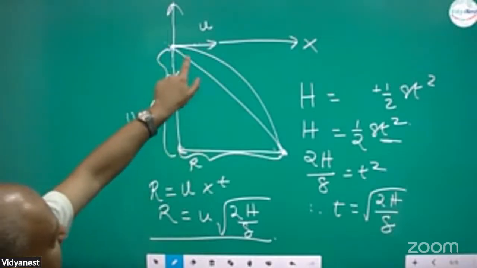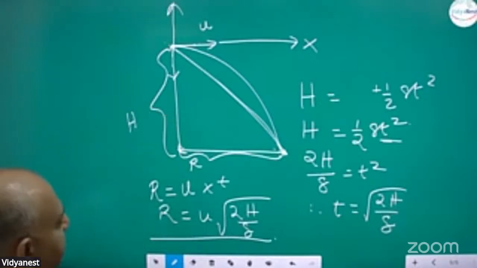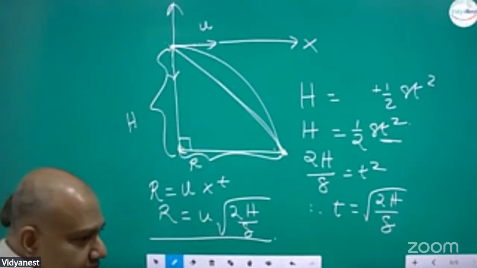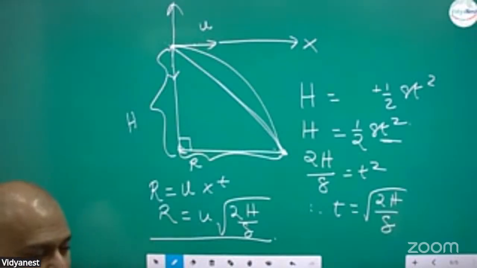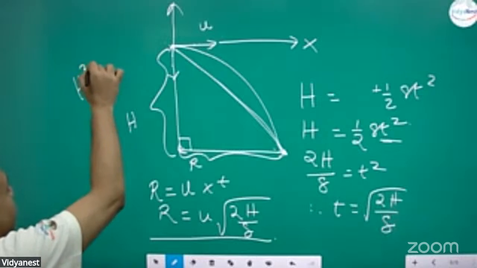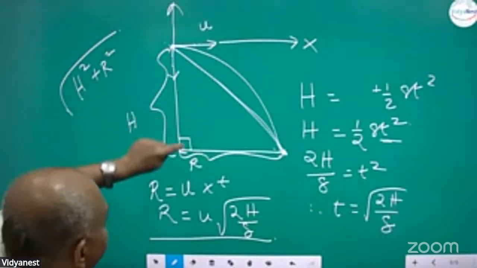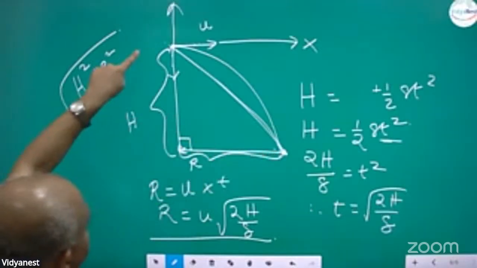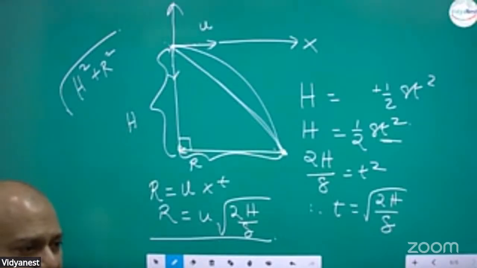Because this is a right angle triangle, by Pythagoras we can find it: root over height square plus range square. This is the displacement in this situation.